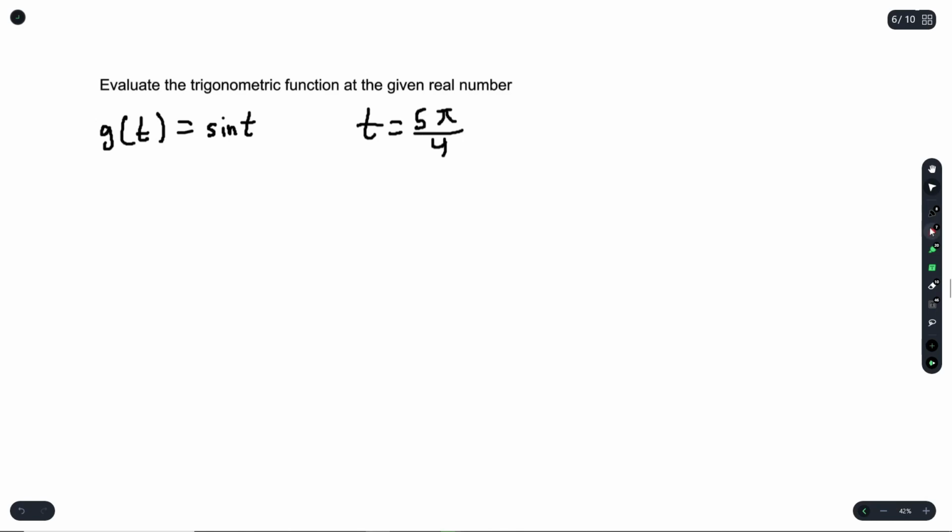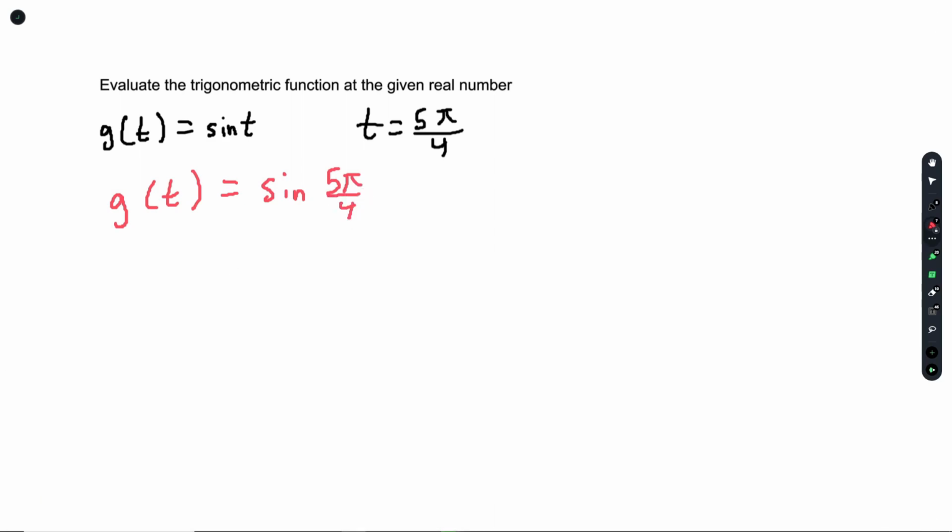On to the next type of question. Here you just substitute and place it in the calculator. So evaluate the trigonometric function at the given real number. So it will be g of t equals sine 5 pi over 4.